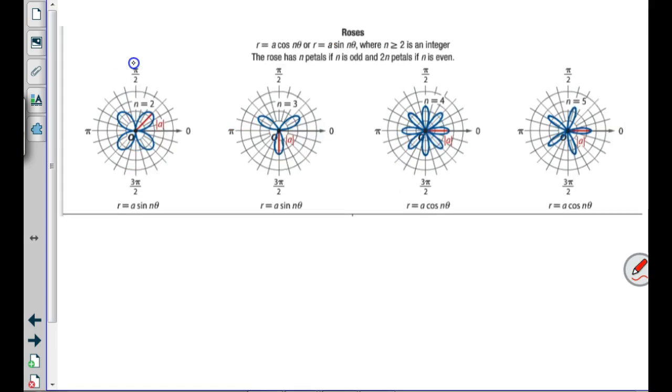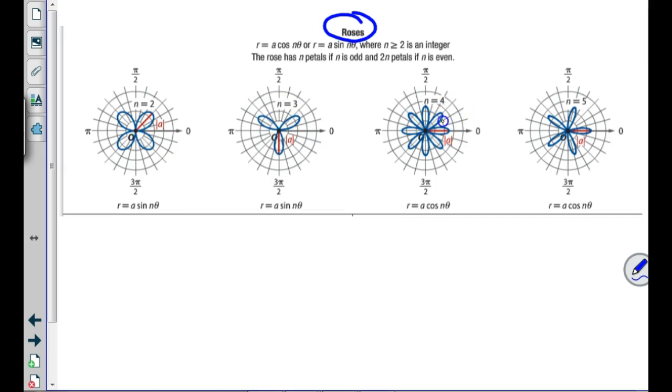All right, the more fun ones, roses. Notice up here, it says if a rose has n petals and n is odd, it'll have 2n petals if n is even. So if you put in a 2, it has 4 petals, but if you put in a 3, it just has 3 petals.